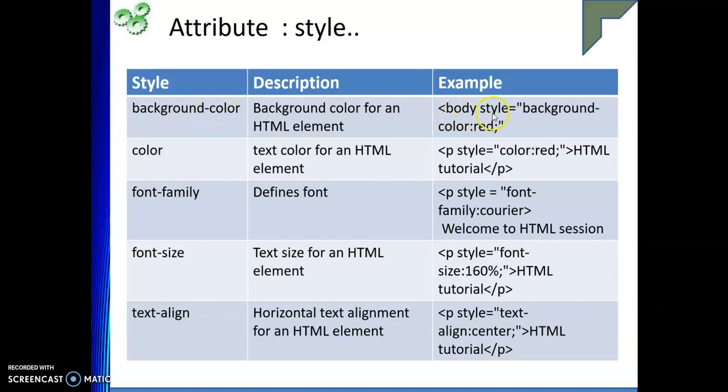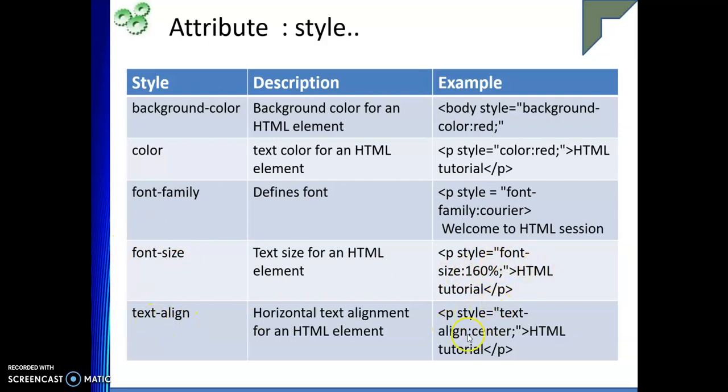Okay, so having said that, we have certain styles like background color. We can write body style equal to background color lane, so the background will become lane. For the text color, we can have color equal to red or something like that. Font family, which we have already defined, we have seen that, right? Courier and all. We can give a size of the font, font size 160 percentage, HTML itself.